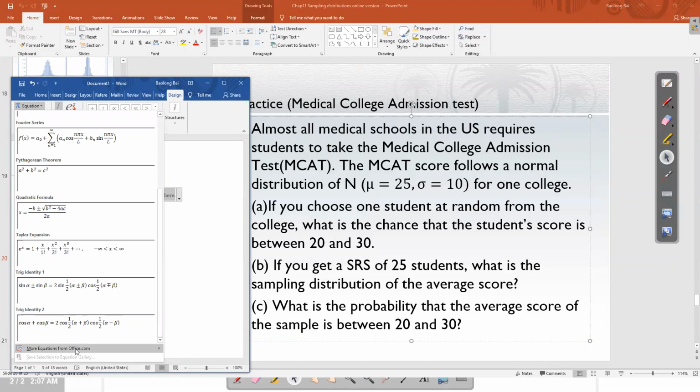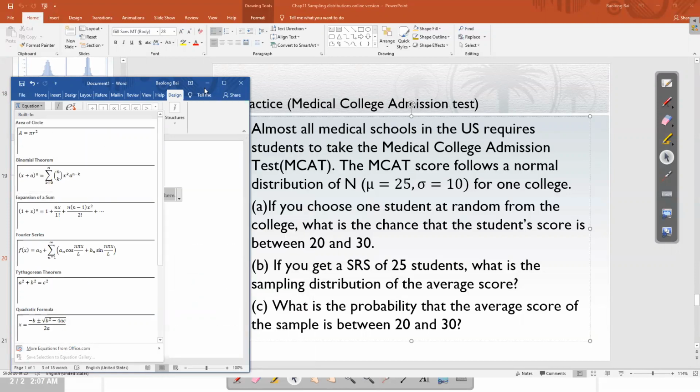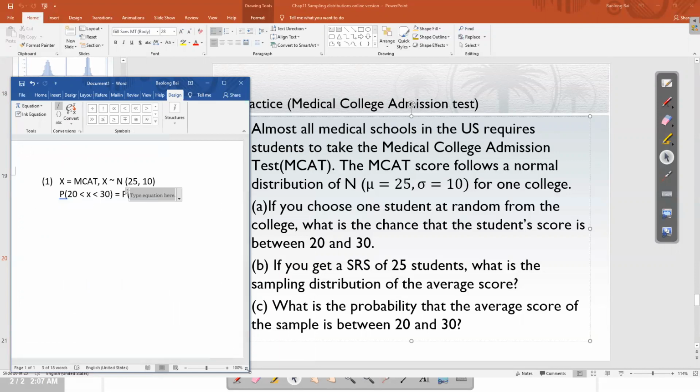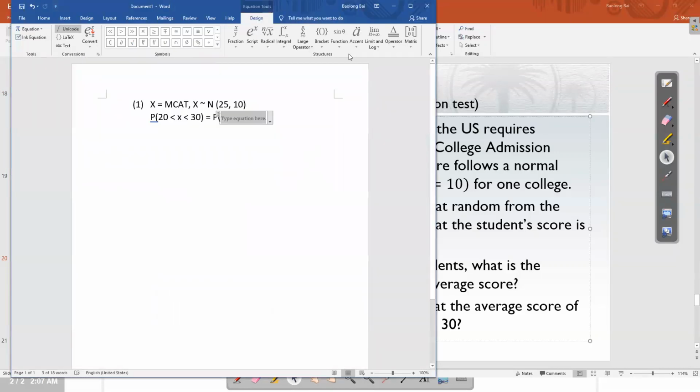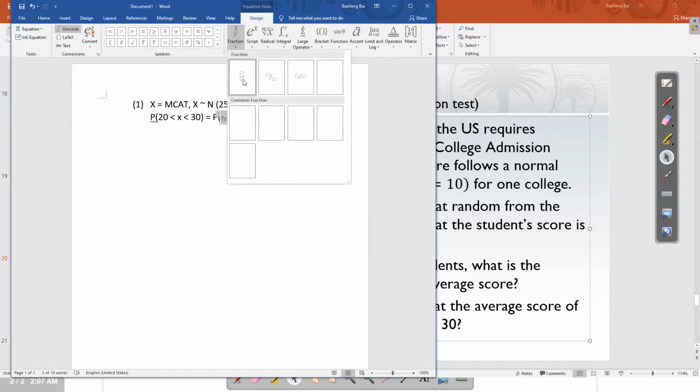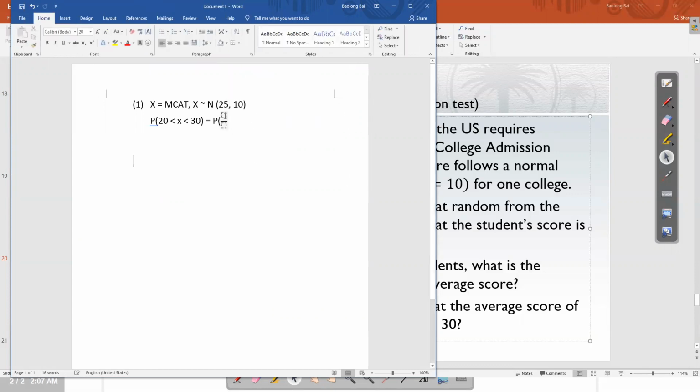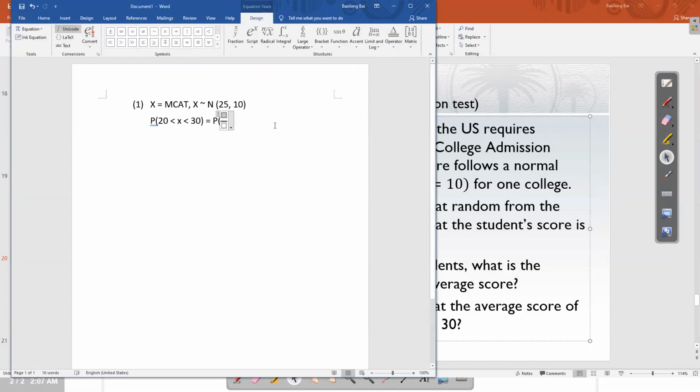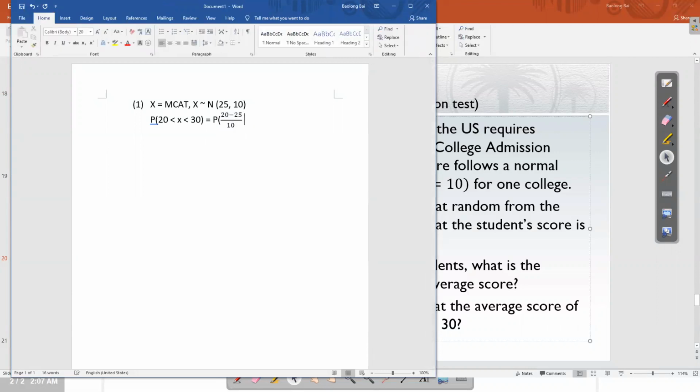So we're going to build an equation. On the left-hand side, we're going to use 20 minus mu, mu is 25, divided by sigma, sigma is 10. In the middle, we do the same thing, except that it's not 20 anymore, it's going to be x.